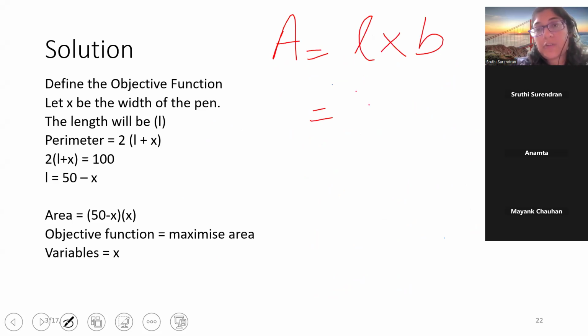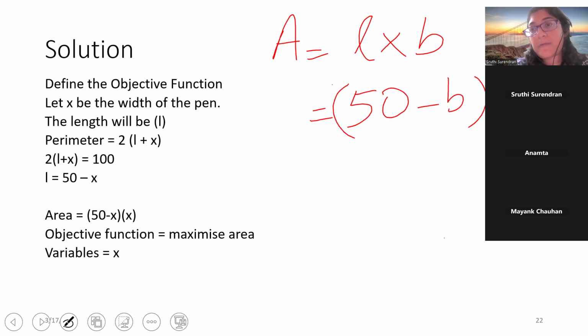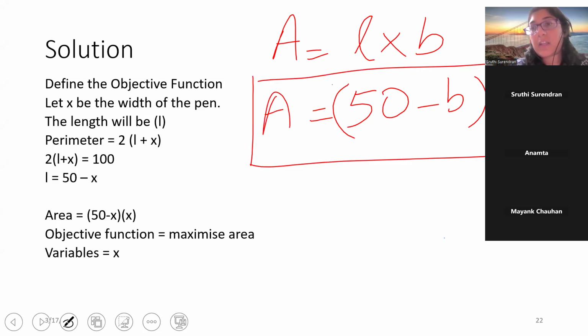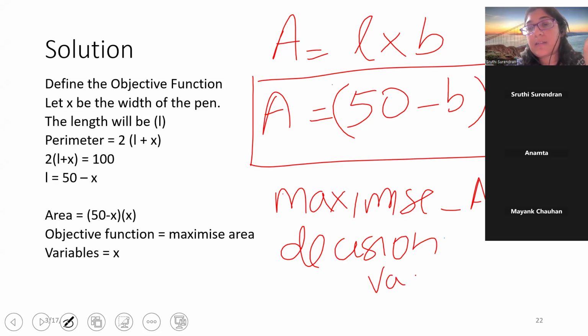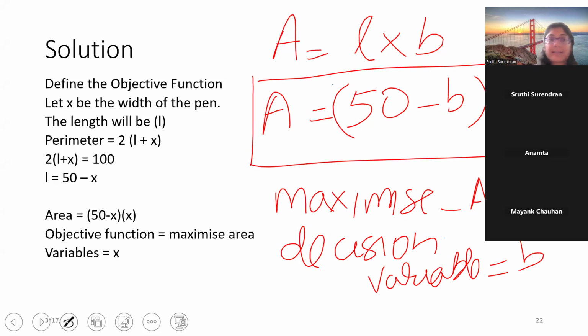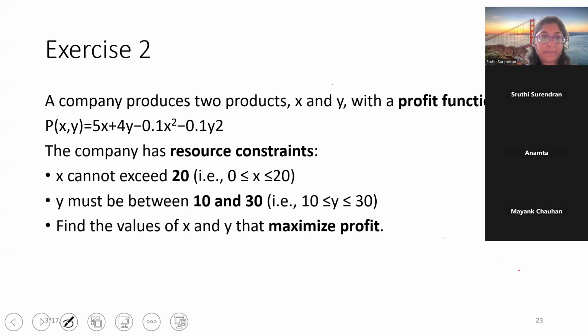We know that length is equal to 50 minus breadth because we had the perimeter value. So 50 minus b into b is the area. So this is the function that we can use in R. Now, objective function is to maximize A. And decision variable is, so we were able to reduce the decision variable to one variable, which is B. So that is how we simplify an equation.